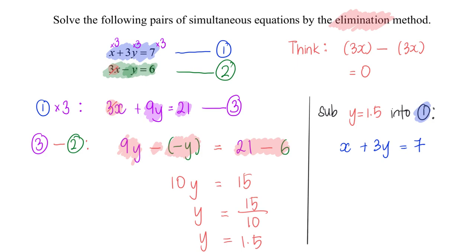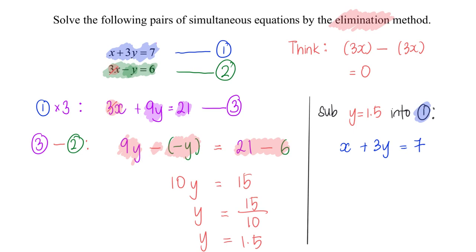So to make sure that we are not very confused, I'm going to erase this so that it's neater. And looking at this, I still have my x. But notice what Mr. Tan will do.